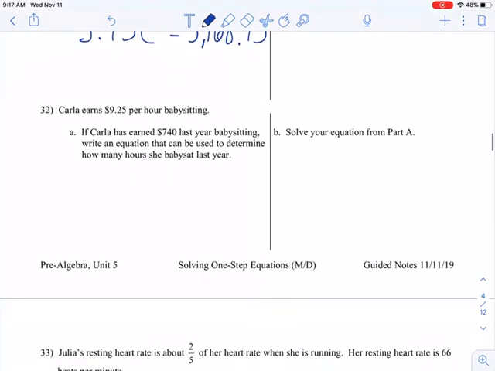In 32, she earned $9.25 per hour babysitting. If Carla earned $740 last year babysitting, how many hours? So $9.25 per hour, and she made $740. So again, you would divide by $9.25.